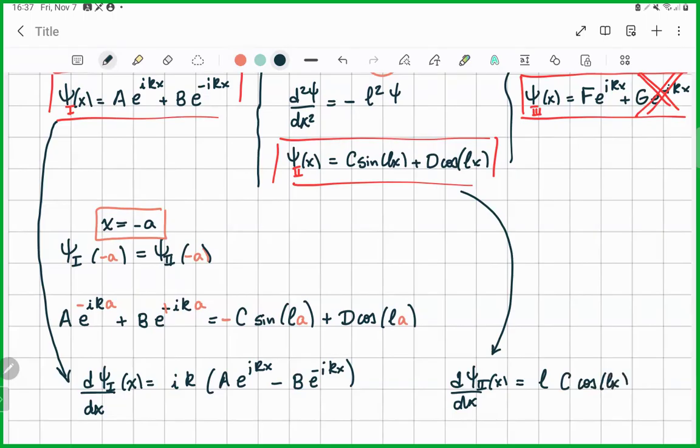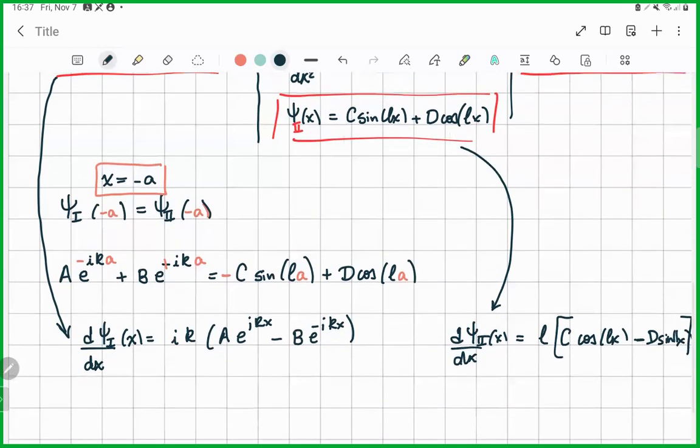Then the derivative of the cosine gives us minus L and the sine. Now I'm going to substitute what we obtained here: the x with the minus A, and the x with the minus A. So be very careful with this. Don't make this silly mistake.